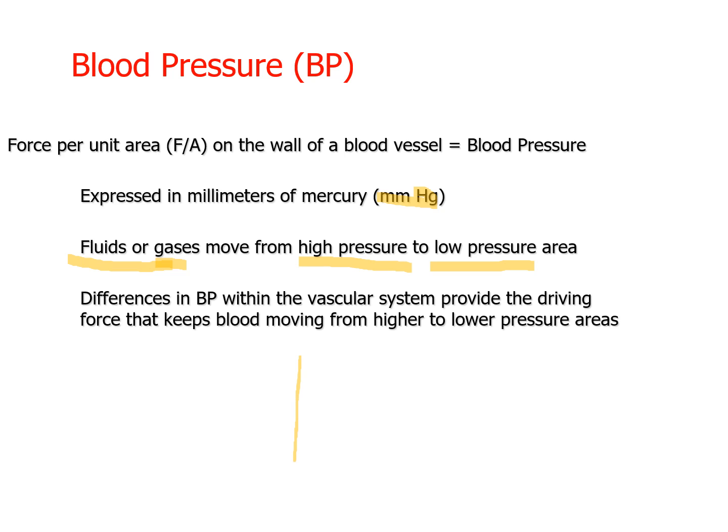And you saw in that graph, looking at the distance away from the heart, first on the arterial side, and then in the capillaries, and then on the venous side, the pressure.